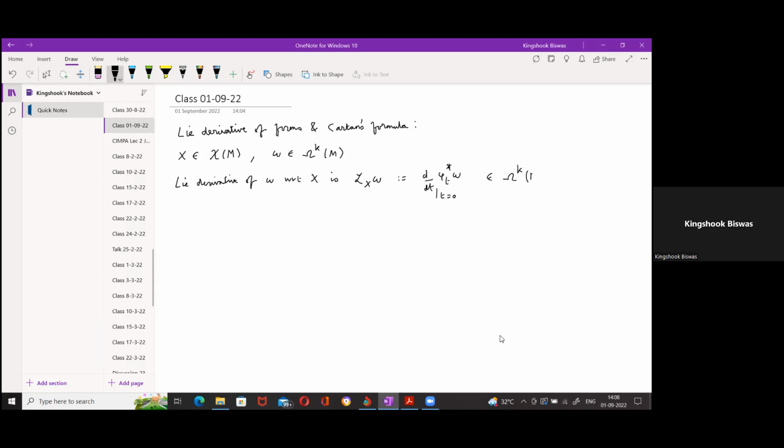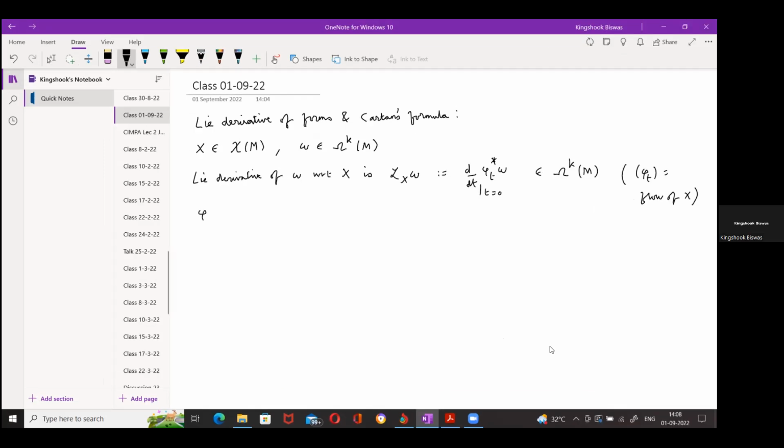Where here phi_t is the flow of X. All right, is the definition clear? Yes. Now, clearly, we say that X preserves the form omega if phi_t star omega is equal to omega for all t.